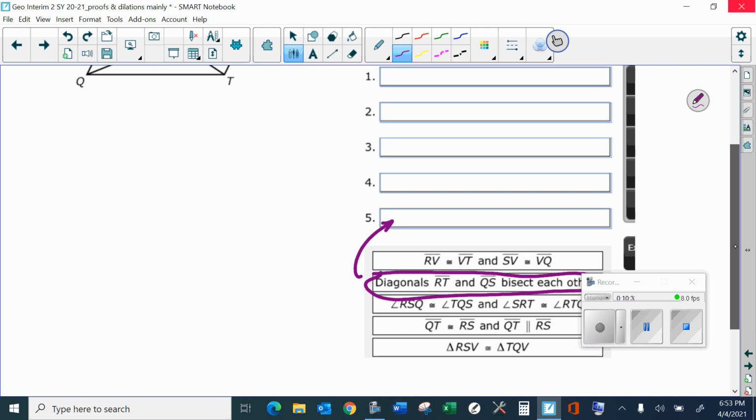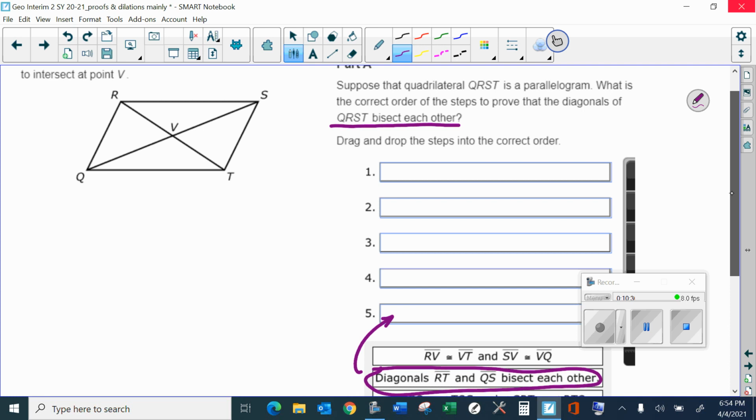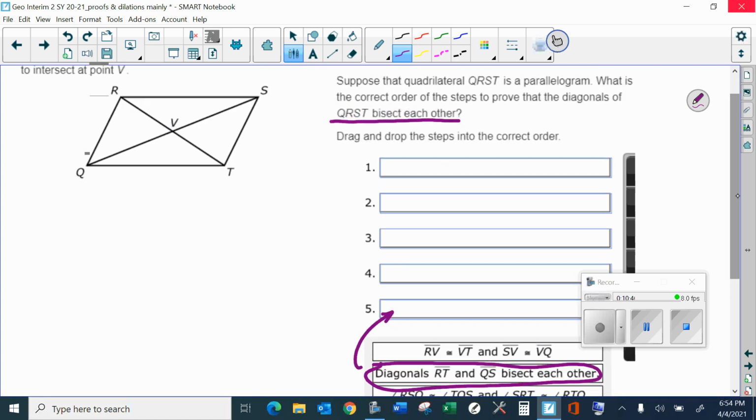So what do we know is true about parallelograms? You could write them down. Opposite sides parallel, and these are all on your quadrilateral hierarchy sheet, your four characteristics.